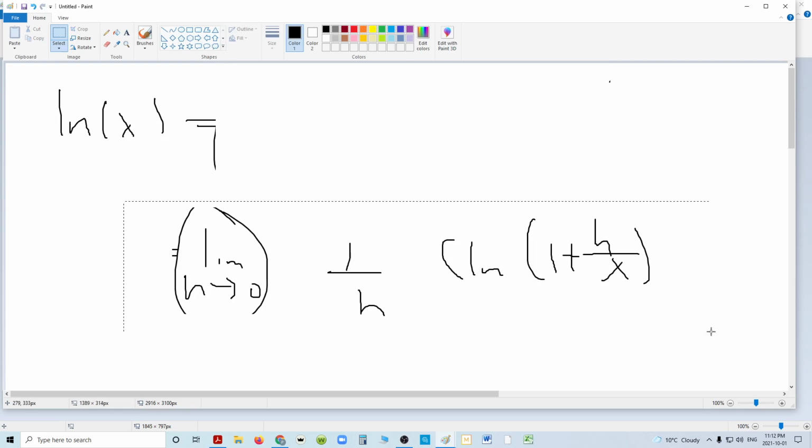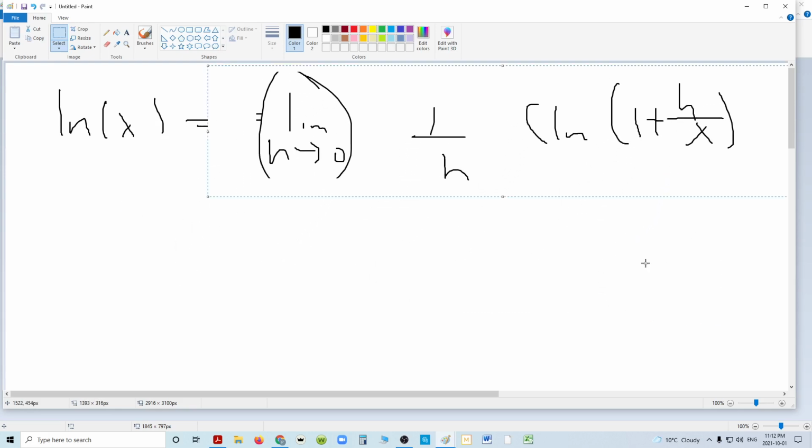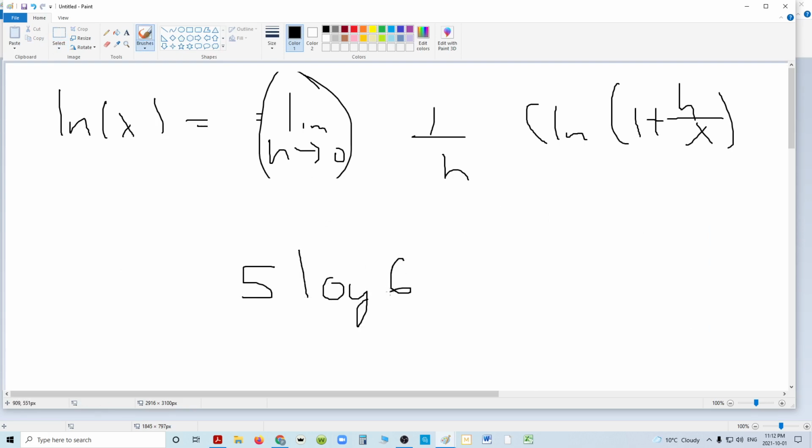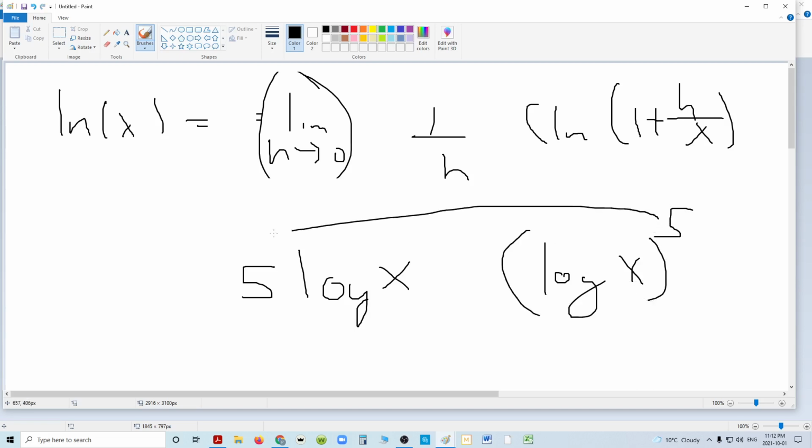Well, here's another feature of lns. If I have 5 log of whatever, 6, or x, I'm allowed to put that 5 over here as an exponent. I'm also allowed to take the exponent and put it back in front as a multiplier. That's the nature of logs. And you can test this out.